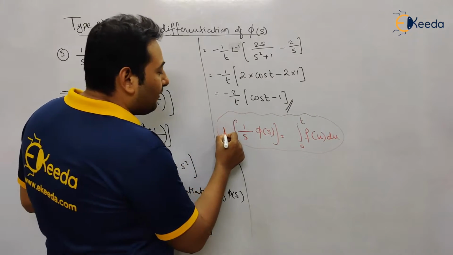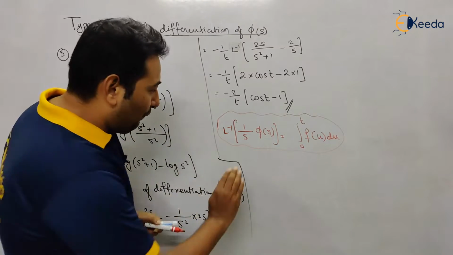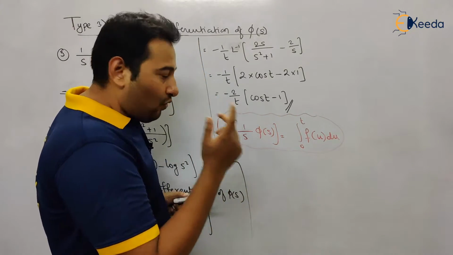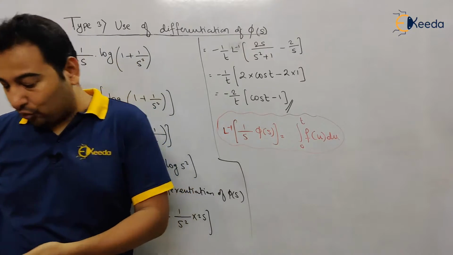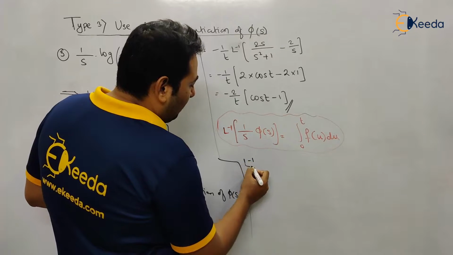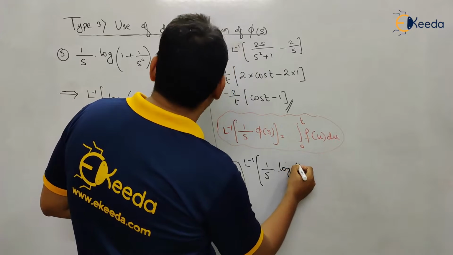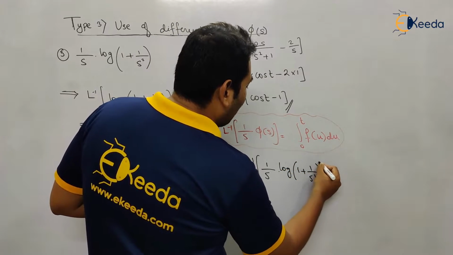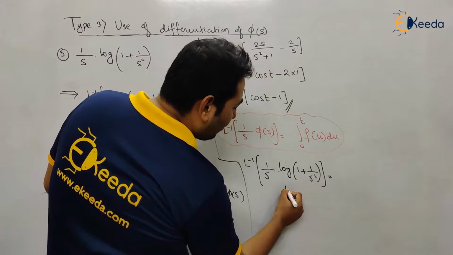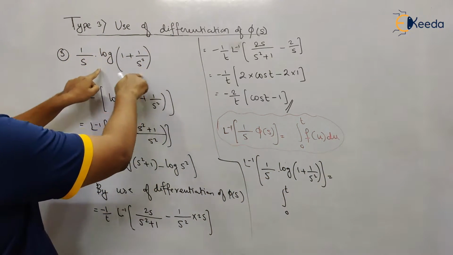So whenever we get 1 upon s with any function, forget about this 1 upon s, and because of this 1 upon s, we're gonna integrate from 0 to t the Laplace inverse of this particular term. So we'll be using this as a general formula. So in our case, Laplace inverse of 1 upon s into log of 1 plus 1 upon s square is equal to, because of this 1 upon s, inside this integration 0 to t, Laplace inverse of this term.